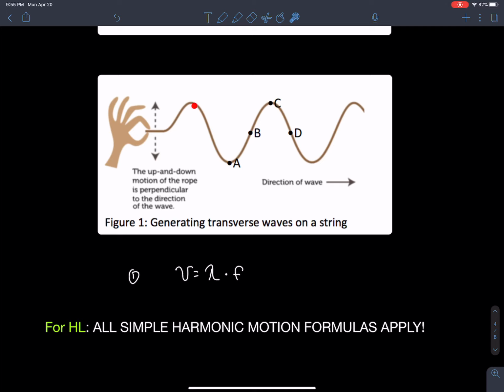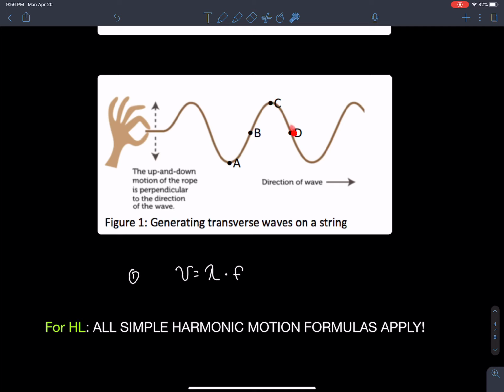If I know the period of that wave or the frequency, I can then get the angular frequency of that oscillation motion, and I'll be able to calculate for every particle A, B, C, or D where that particle will be at a certain moment in time. So if I started the wave motion here, that particle is at its amplitude.